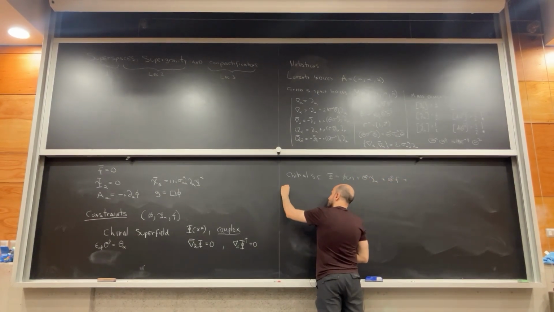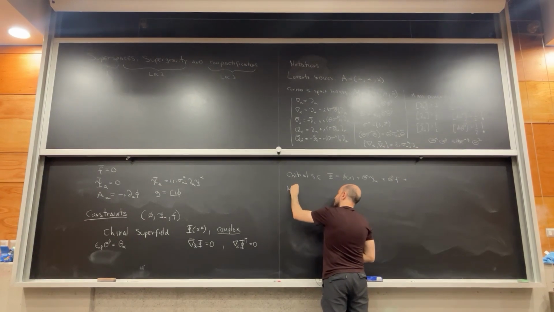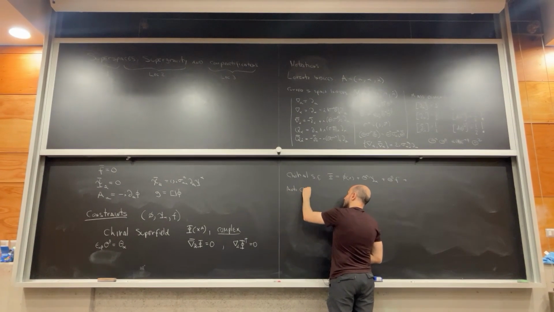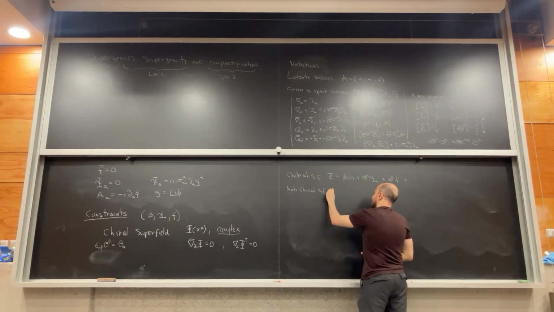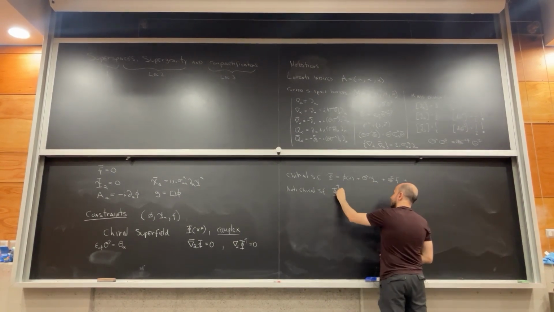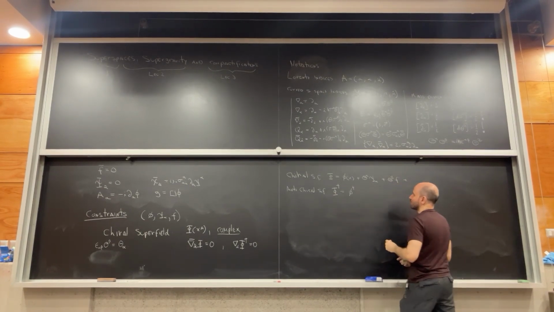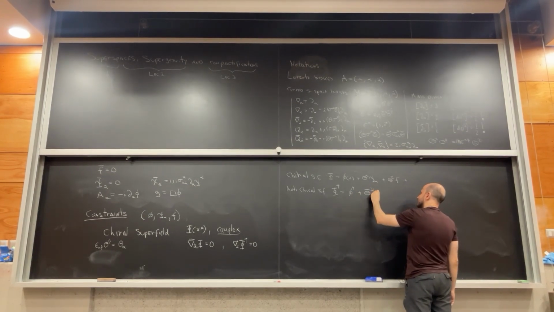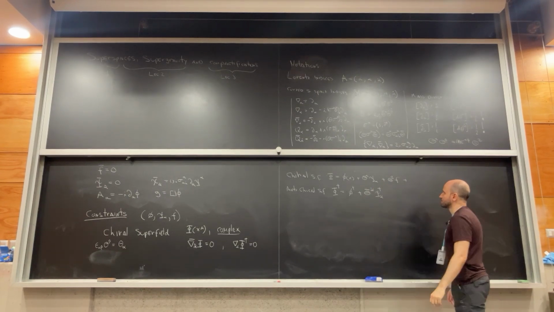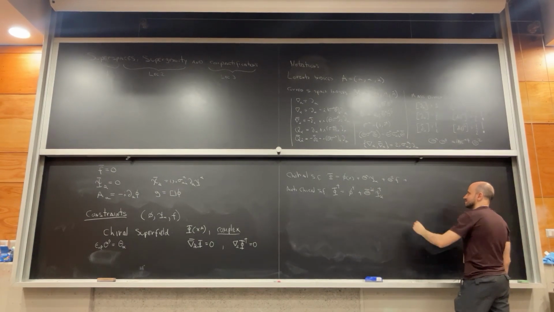So an anti-chiral superfield, the superfield I'm calling phi dagger, is going to have a complex scalar, which I'm going to call phi dagger. It depends on theta bar, alpha dot. Another field that I'm going to call psi dagger.